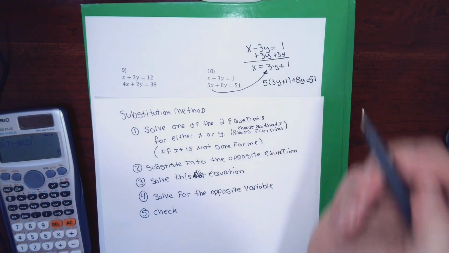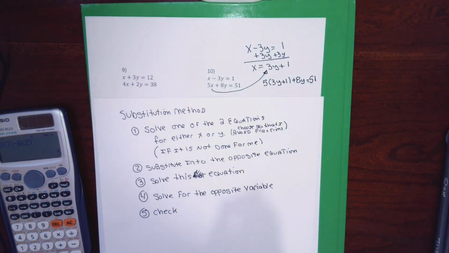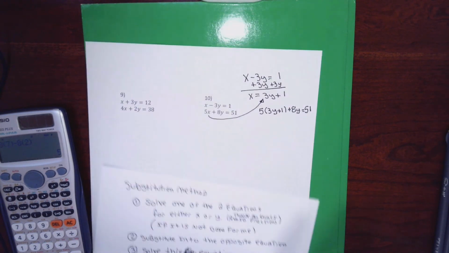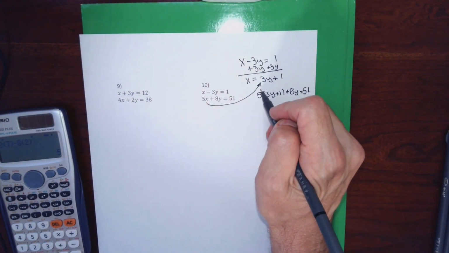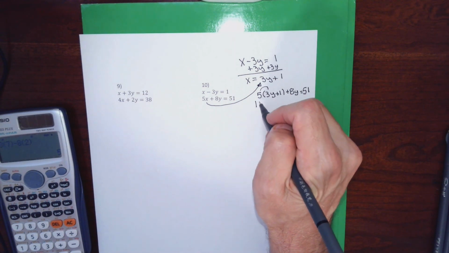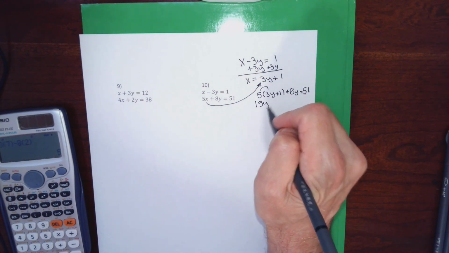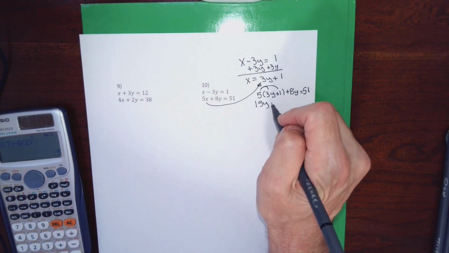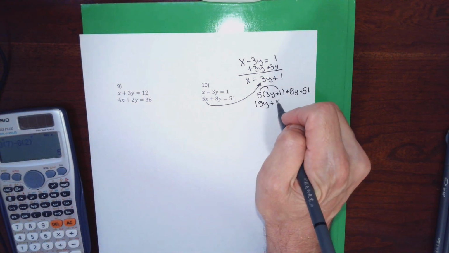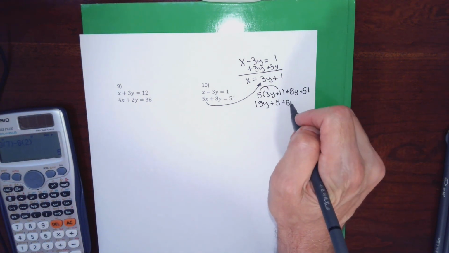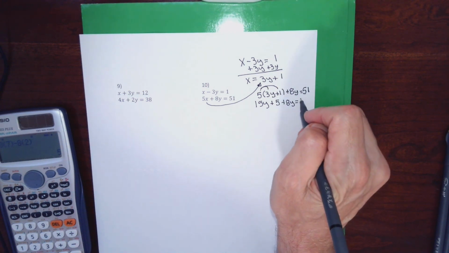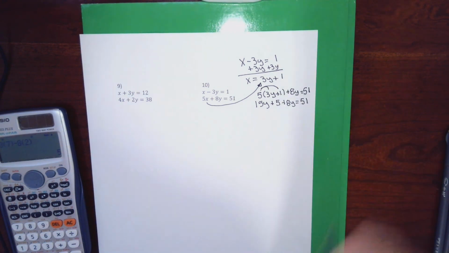There's my step 2. Now I'm going to solve this equation. I need to pull this sheet away because this is involved. So I'm going to do 5 times 3y to clear the first parentheses and get 15y. 5 times 1 to finish clearing the first parentheses and get 5. So I'm left with 15y plus 5 plus 8y equals 51.